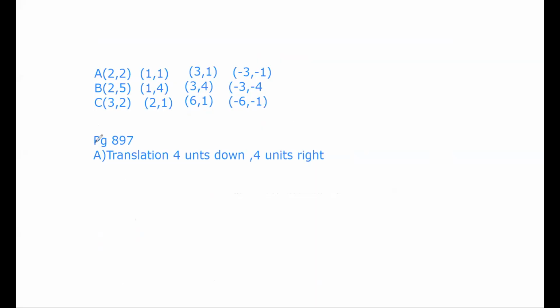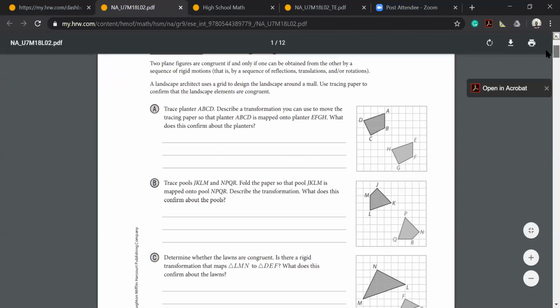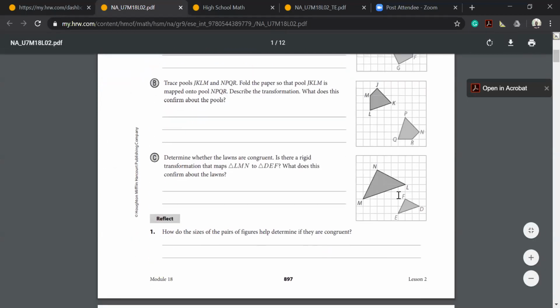So for question B, what happened? Reflection. We can write across Y equal X. Okay? Reflection is rigid or non-rigid? Again, it's rigid. So my figures are congruent or not? They are congruent.